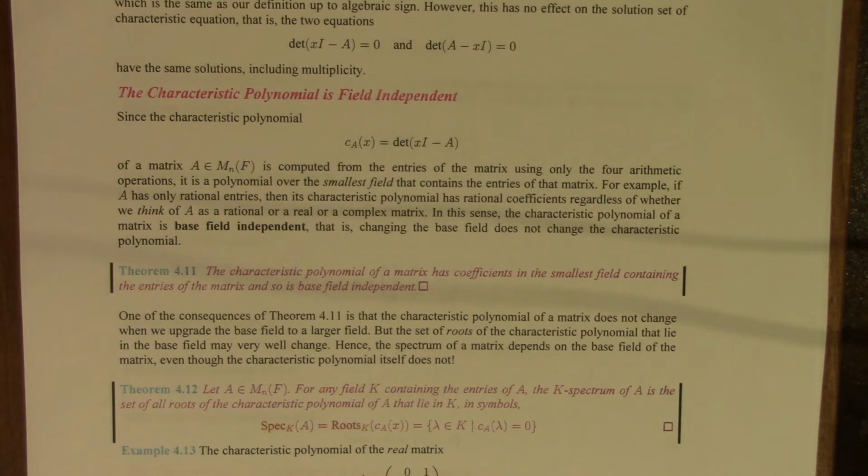So, for example, if A has only rational entries, then xI minus A has only rational entries, or actually the entries are polynomials with rational coefficients. Then when we take the determinant, we're going to get a polynomial over the rational field.